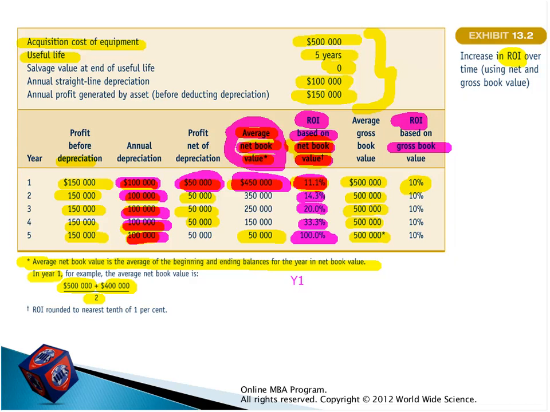It's 500 minus 100. It will be 400, right? Then we have to average this amount to get the average net book value. You will get the 450.